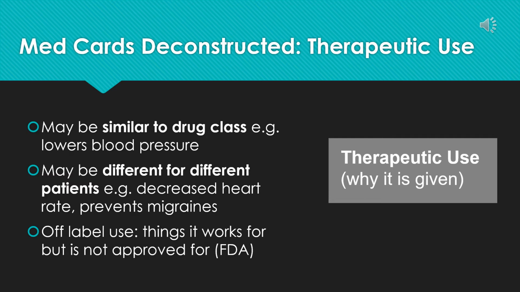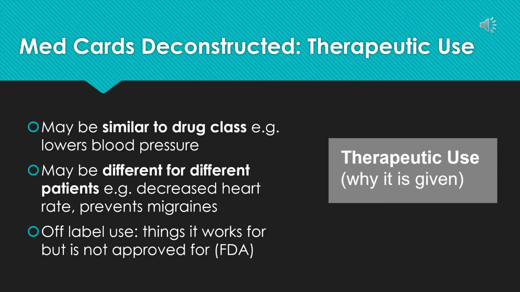The therapeutic use for a drug sort of follows the therapeutic class, so it might be similar to the drug class. If you have an antihypertensive, you're probably going to have it prescribed for somebody who has hypertension, right? But it may be different for different patients because not everybody who gets a beta blocker is hypertensive.